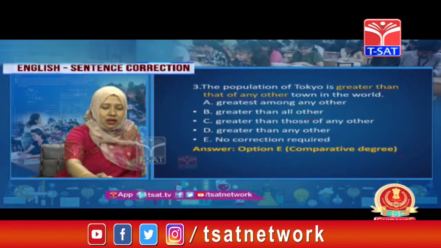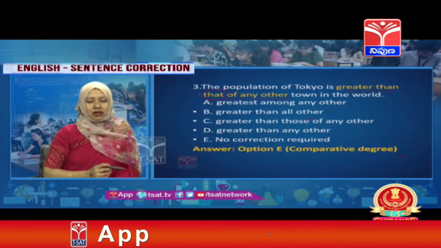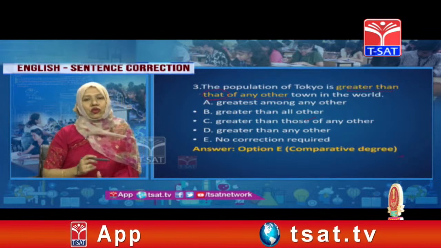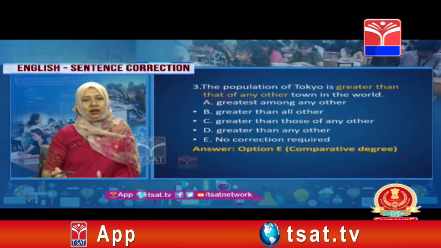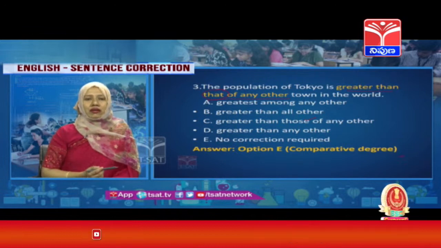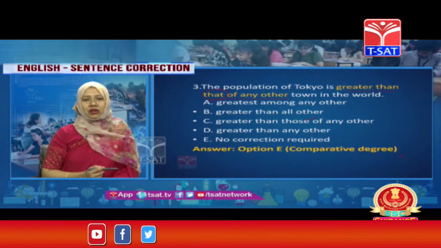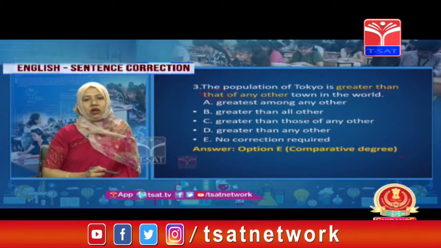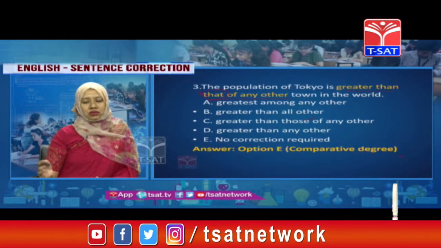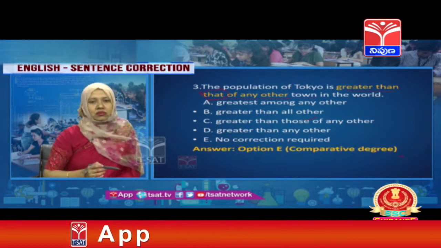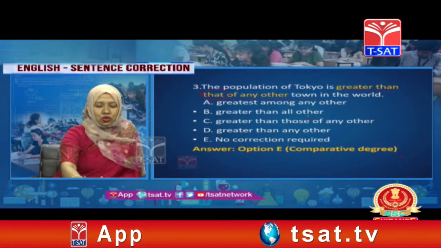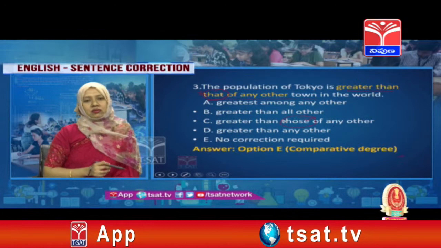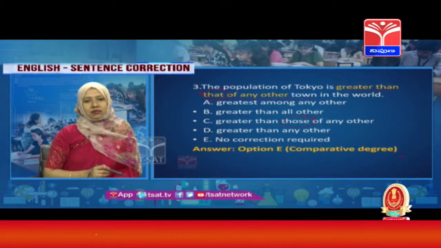You cannot say that: the population of Tokyo is greater than those of other town in the world. That is wrong here. You are comparing with many towns, other towns. So here you should use those, not that.